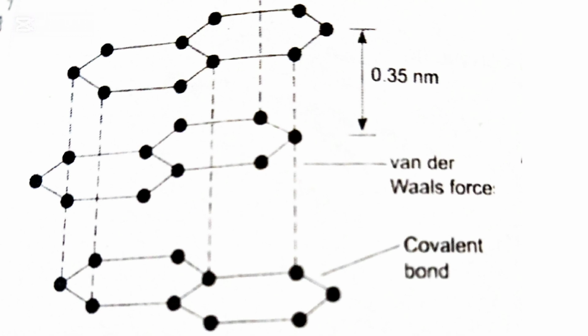You can notice that a carbon atom is only surrounded by 3 bonds. So the 4th electron is not used in bonding. Instead, it is delocalized within the structure, and that is why graphite is a good conductor of electricity.